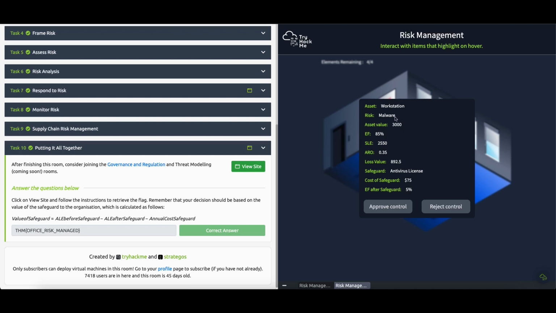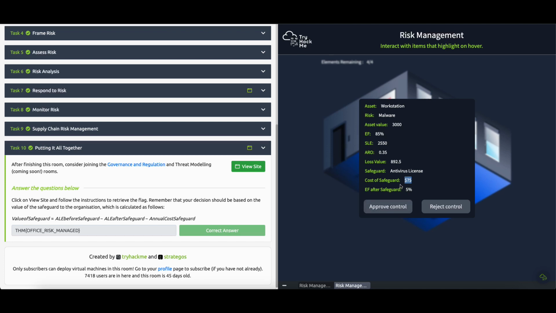After the safeguard, let's calculate it this time. We will multiply with these and these, and after doing that, the final value will be 150, and then we have to multiply these 150 with annual rate of occurrence, and after doing that, it's almost less than $75.